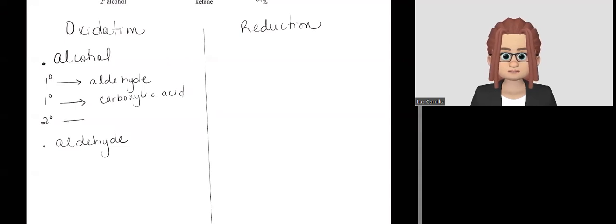Secondary alcohols are going to result in the formation of a ketone. And if I have a tertiary alcohol, understand that no reaction will happen.